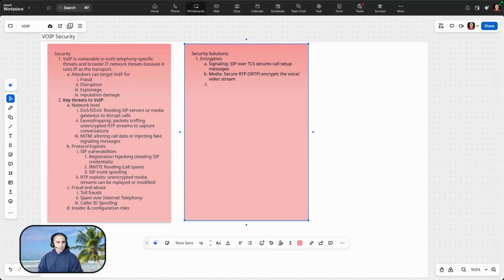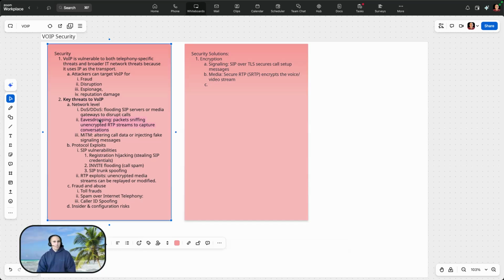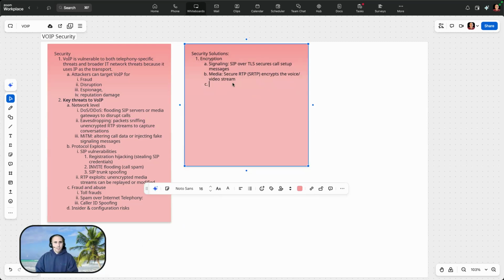So that will solve the eavesdropping threat here. Eavesdropping is packet sniffing unencrypted RTP streams. Well, okay, fine. We'll use SRTP, and then there you go. Have fun trying to decrypt it and find out what I just said.